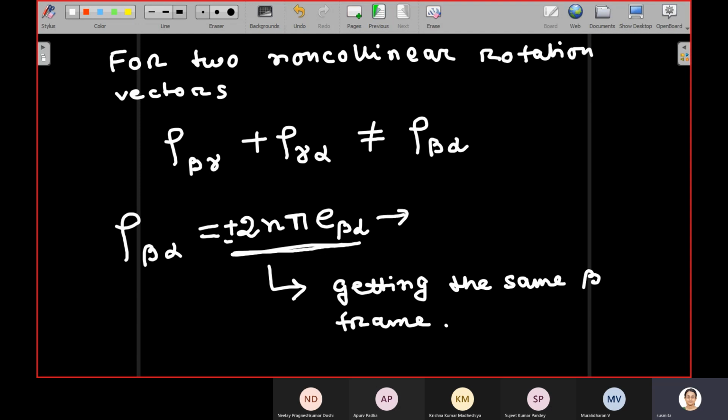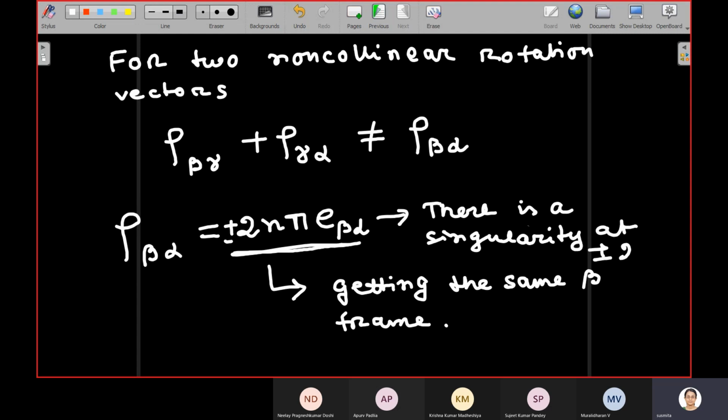This is why it is said that there is a singularity at plus minus 2 n pi, because we do not get a different frame, we get the same frame. Although we are applying rotation, we get the same frame as before.